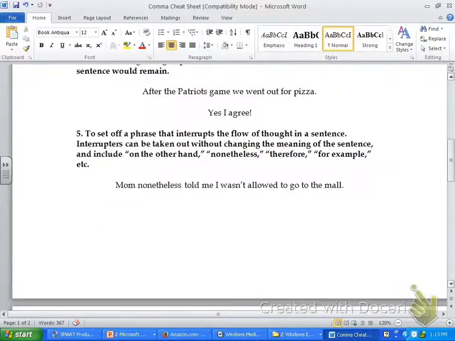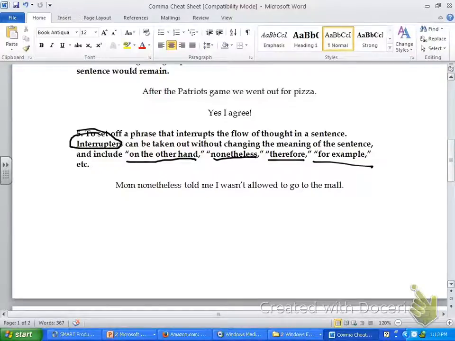And then our last rule of this set of 5 is to set off a phrase that interrupts the flow of thought in a sentence, and I like to call that an interrupter. Okay? Interrupters can be taken out of our sentence without changing the meaning of the sentence. Often we see these phrases as interrupters: on the other hand, nonetheless, therefore, for example.